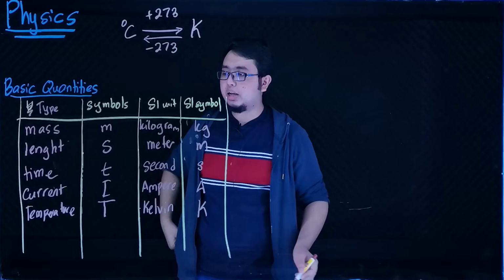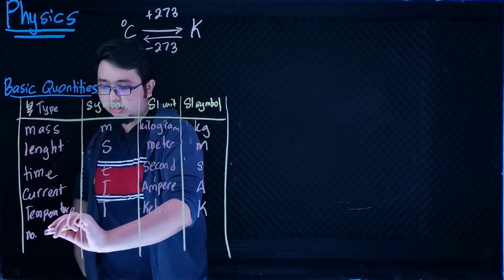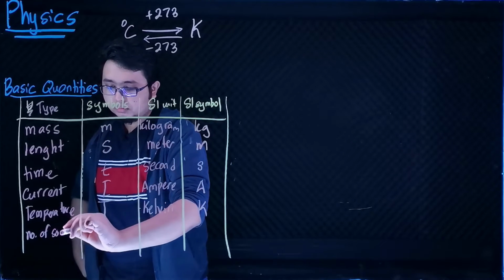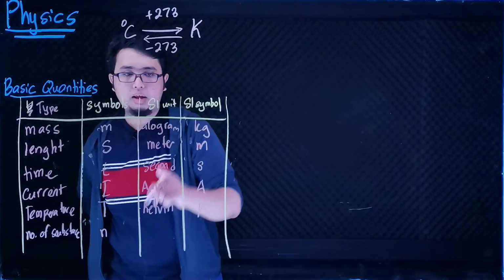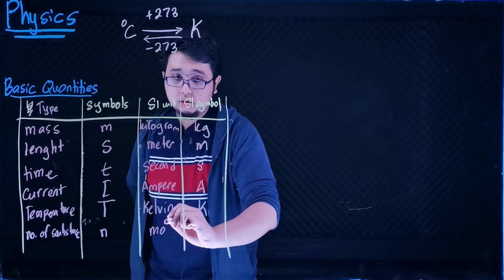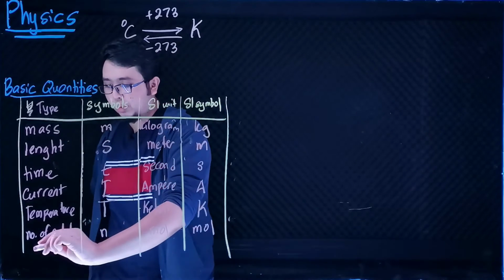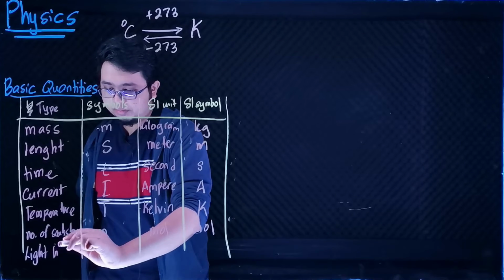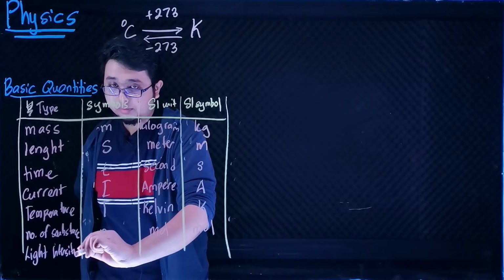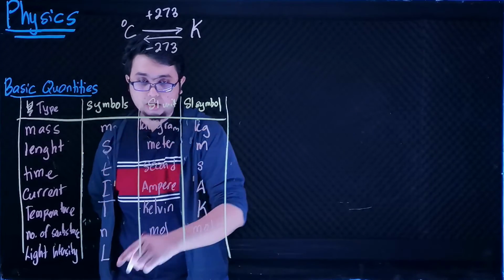Right, next, we have two more. The number of substance, which is n, and the SI unit is mole. The SI symbol is also mol. And lastly, we have light intensity. The symbol is L, for luminosity.